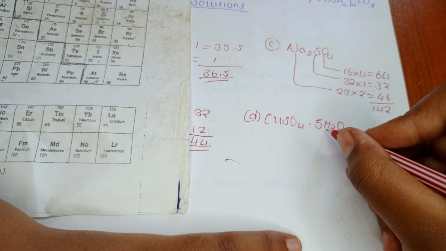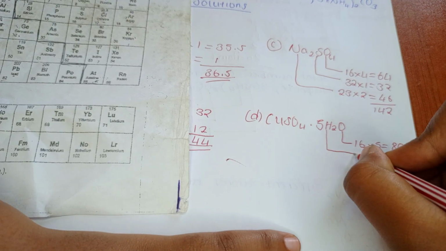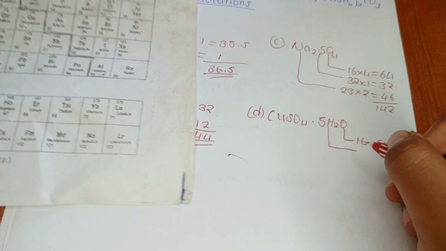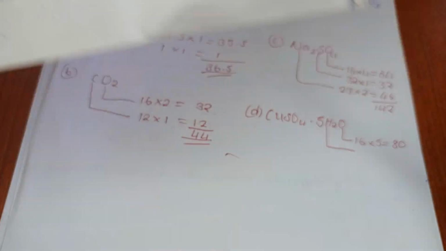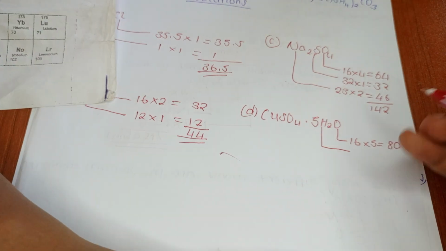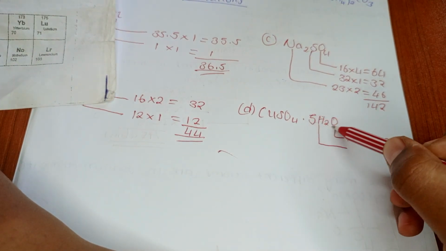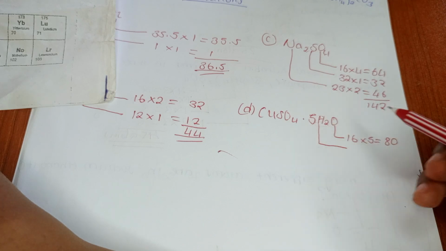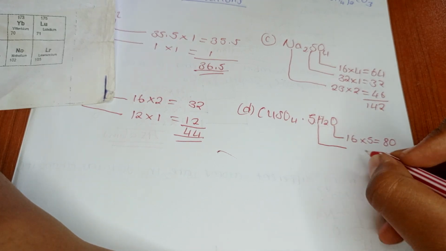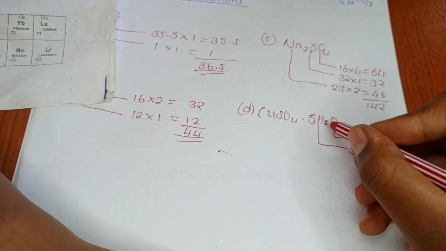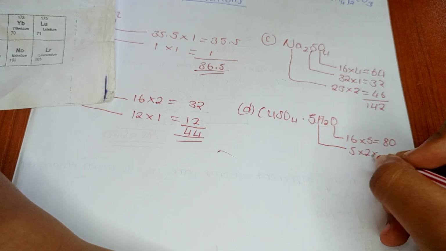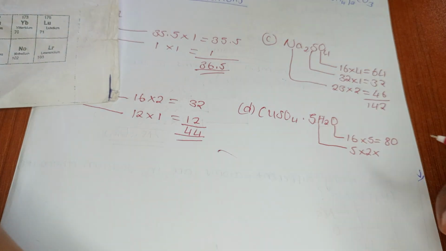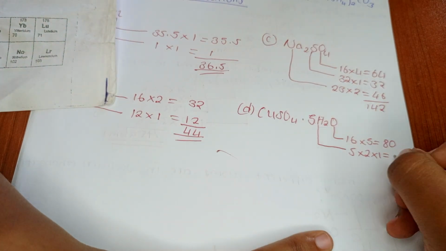And then we have hydrogen here, which has a mass number of 1 here. And we're going to say, since the 5 again is multiplied by the whole molecule, all of the atoms in the molecule, we're going to say 5 by 2 hydrogen atoms. So by 2 by the mass number, which is 1. And that's going to give us 10.